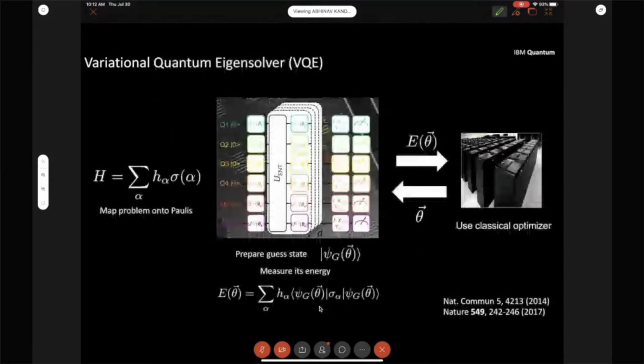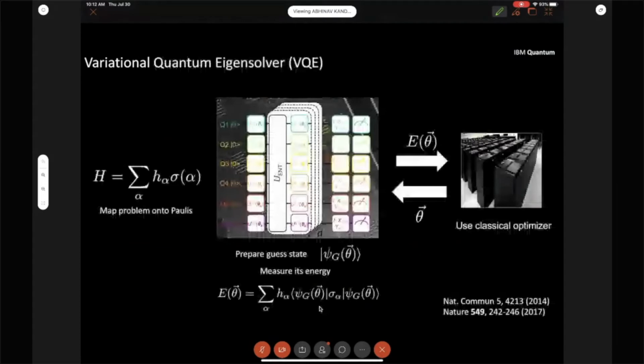If you weren't using a quantum computer, you would basically have, for instance, some matrix representation of this, and then for every guess state, you would have to measure an associated energy, which would also involve some large matrix multiplication, right? And these are tasks that are going to be hard as the system size gets larger and larger. So that stuff we want to delegate to the quantum computer, the preparation of the guess state and the measurement of the energy.